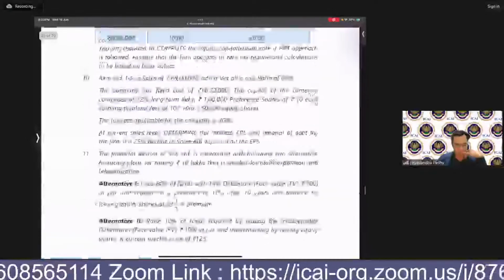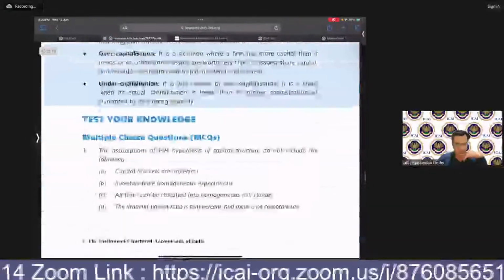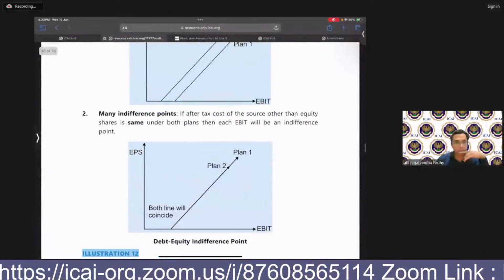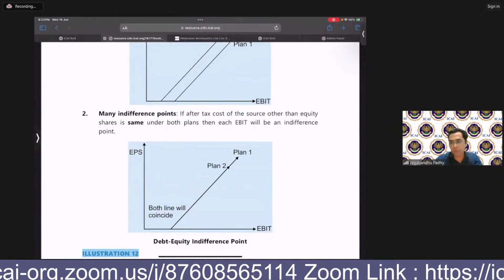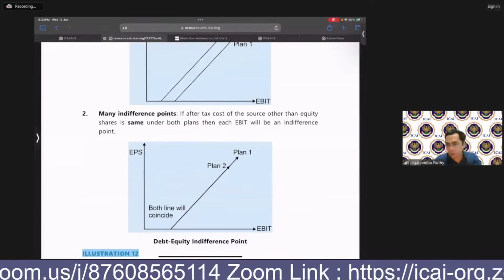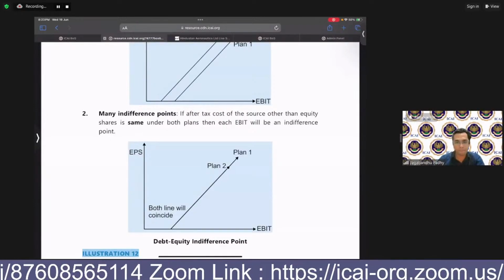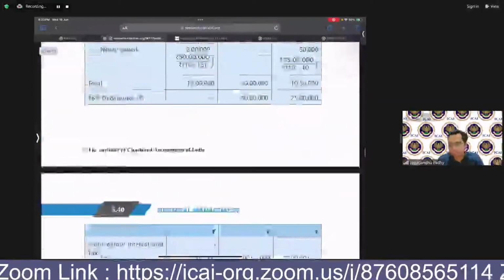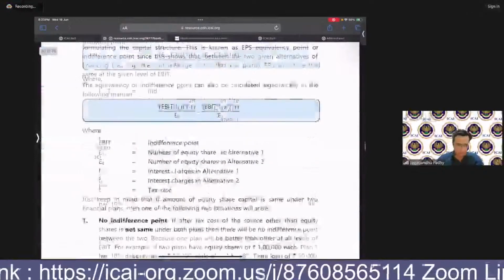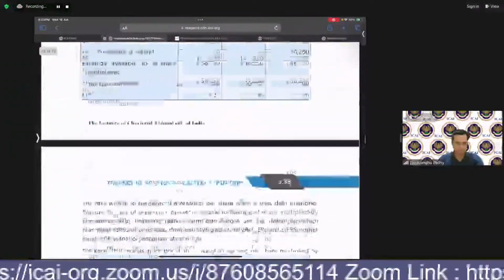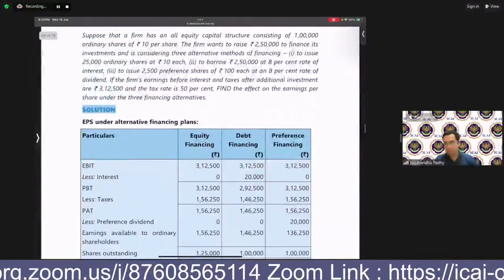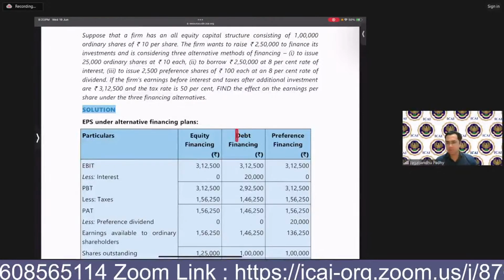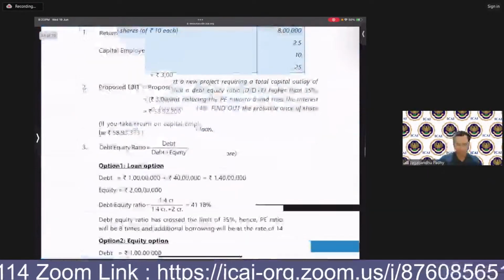I think illustration number 11. That is pretty simple. It's just evaluation of all the three policies. So question number 11 you're talking about. Okay, the last question.